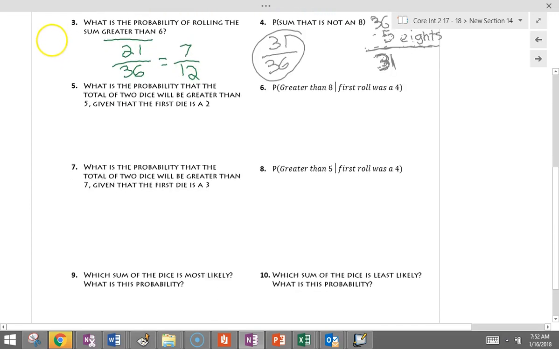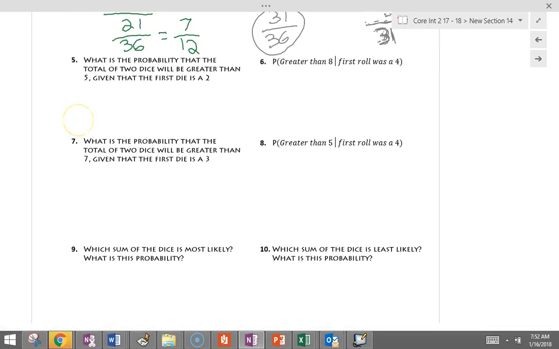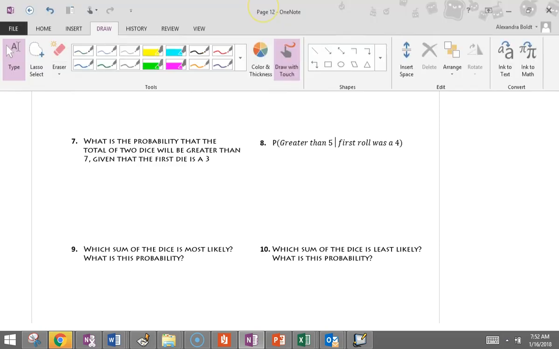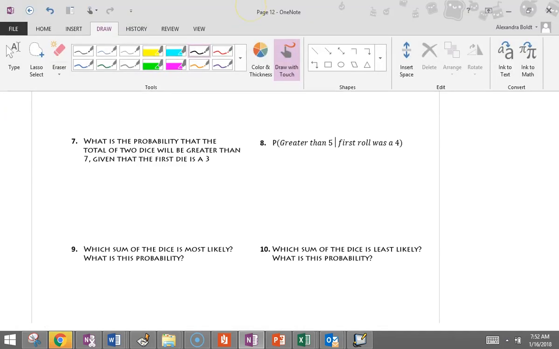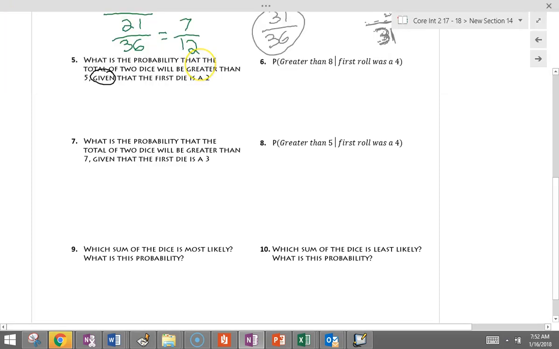Alright, looking at our next one, number 5. What is the probability that the total of 2 dice will be greater than 5, given that the first die is a 2? Okay? Again, now this is a given. So, I'm going to circle what comes after the given. The first die is a 2.